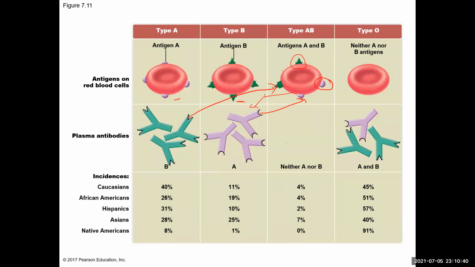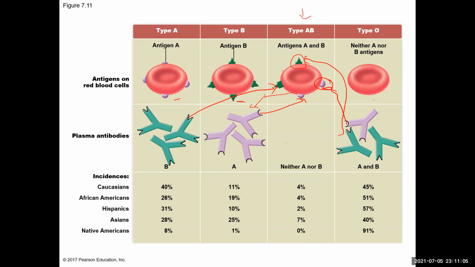And if you're a person with type O, you can't get AB because you have both. Right? Those antibodies are going to bind to both antigens.